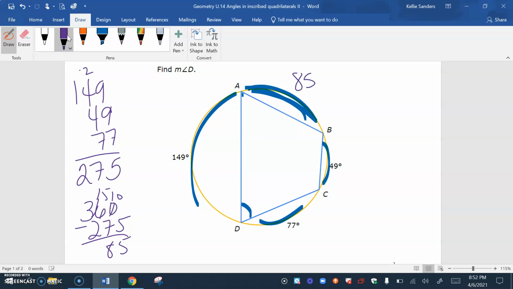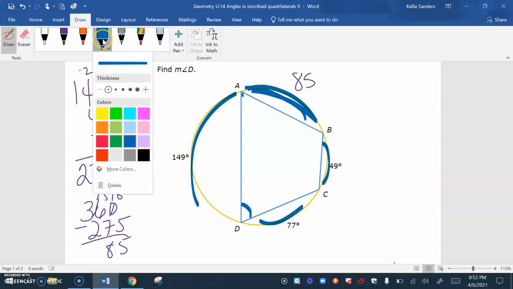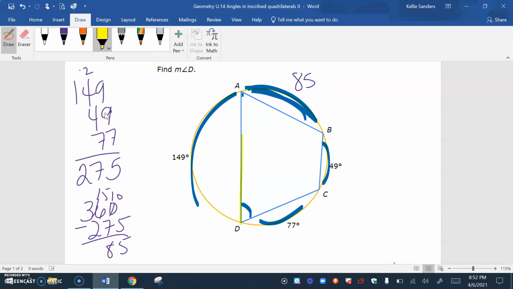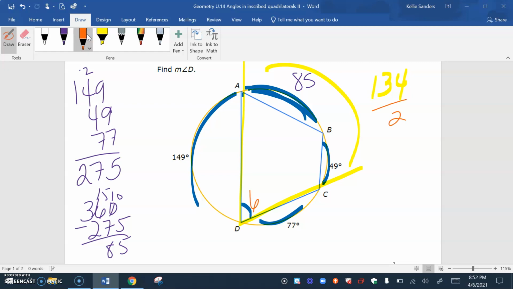So this arc is 85. This is the inscribed angle. So all of this, if I add 85 and 49 up, I get 134. Divide it by 2, and I get 67. So angle D is 67.